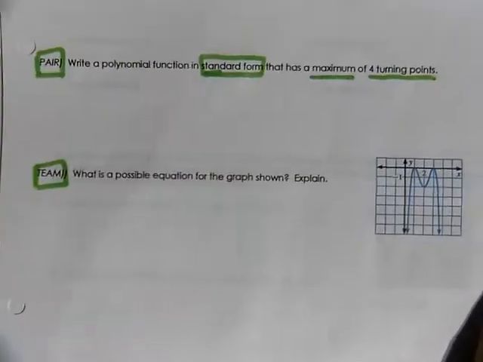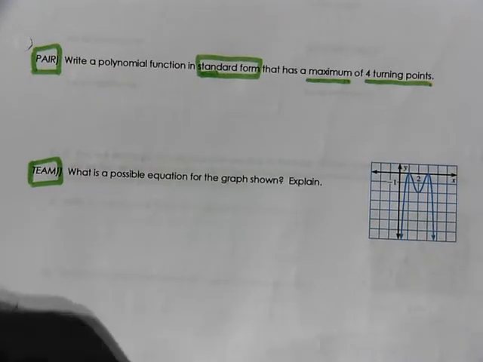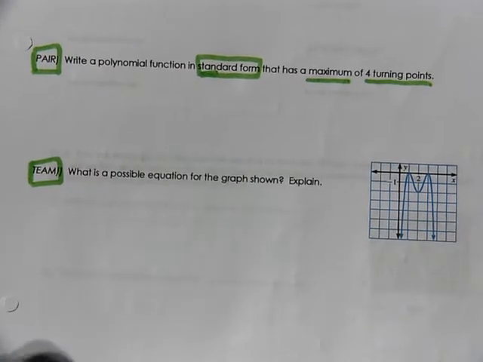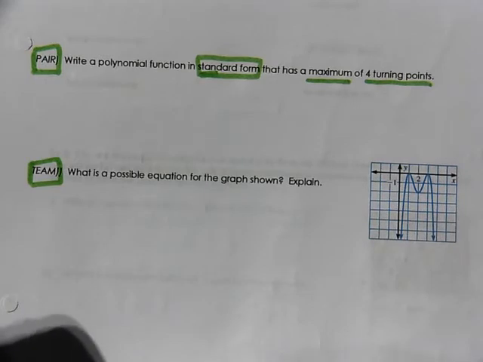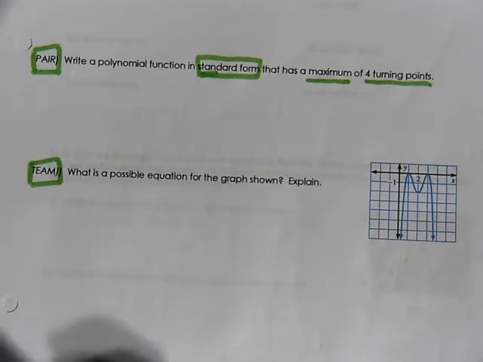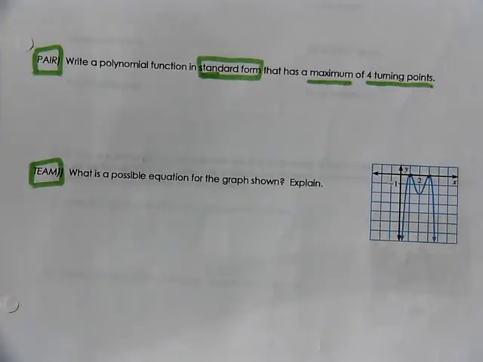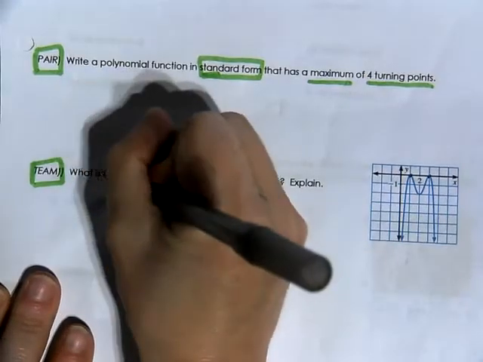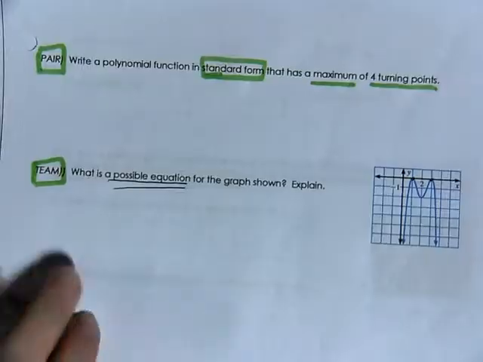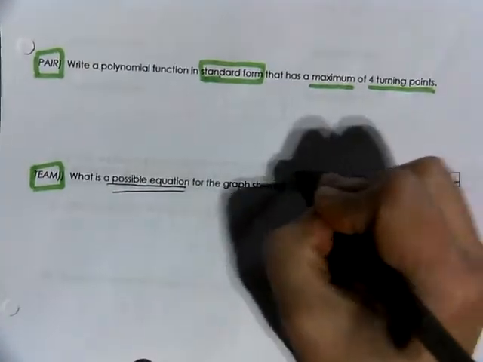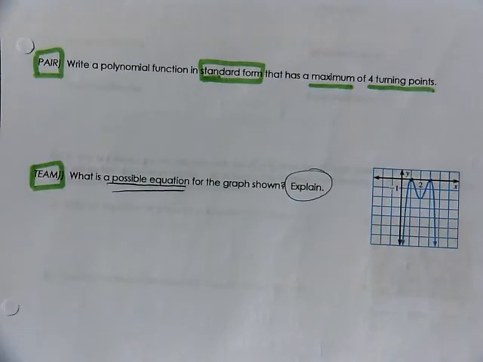And finally, it says what is a possible equation for the graph shown, and explain how you know. So I want you to analyze the x-intercepts, the end behavior, and write a possible, not meaning that it actually is, but a possible equation for this graph shown, and explain how you came up with your answer.